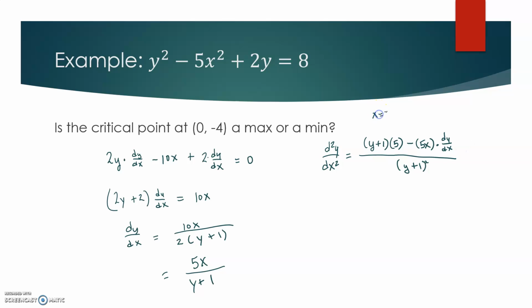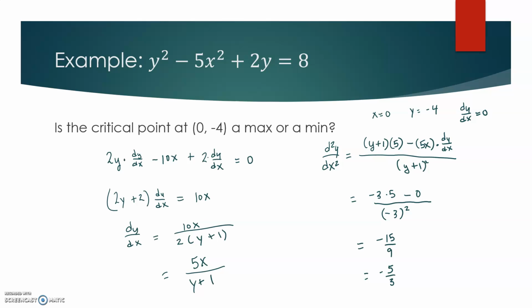We know that x equals 0, we know that y equals -4, and we even know that the derivative is equal to 0 because we've already examined that a little bit. So we're going to go ahead and plug those numbers in. So -4 plus 1, and this, whatever that is, would be 0 because dy/dx is 0, and then over -3 squared. So we have -15/9 or -5/3.